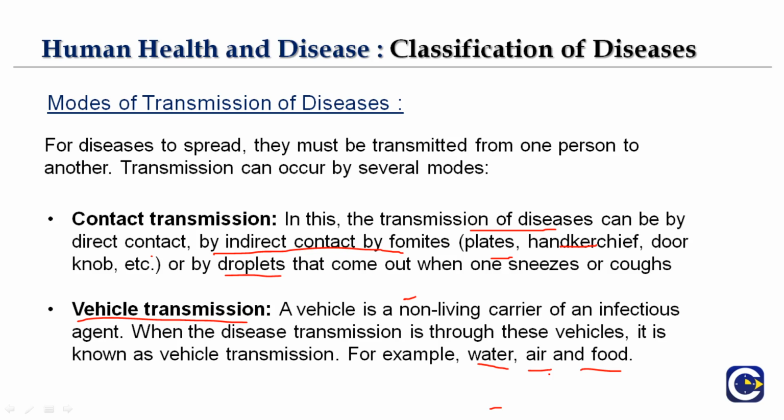If people are not following the right bathroom habits, and those fecal samples get mixed with the lake water or the river, and a person who comes and bathes in the river is not following personal hygiene, if you don't boil the water and drink it, or while taking a bath the person ingests a little water which is not safe. So these are the modes of transmission by which protozoan diseases gain entry into a person. So vehicle transmission is through a non-living medium, and mostly it is through water, air and food.